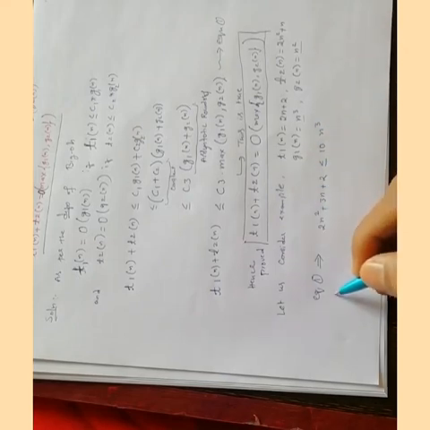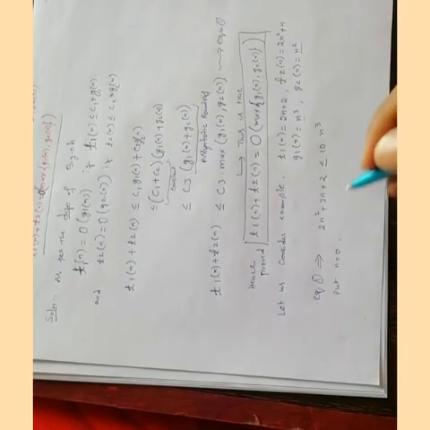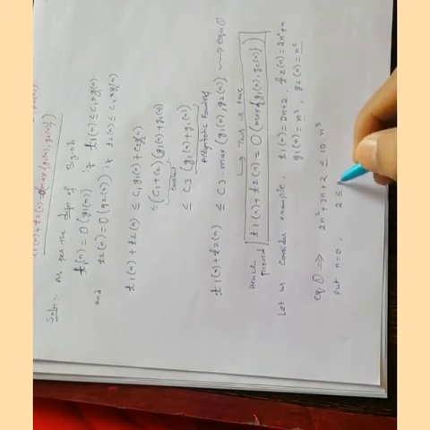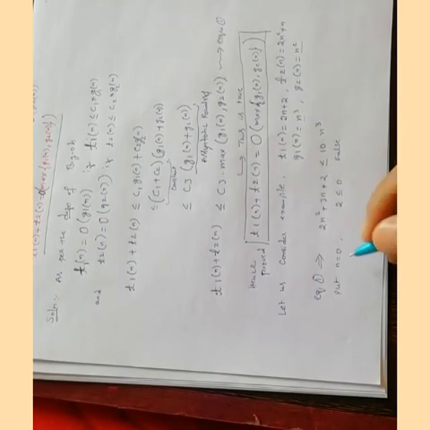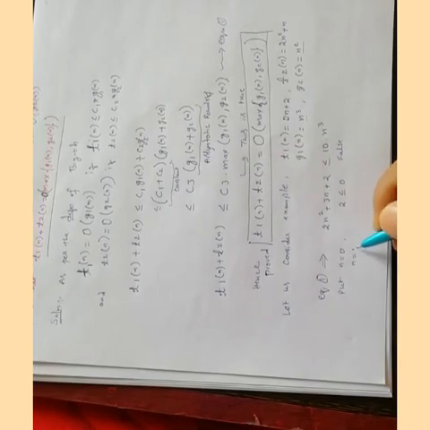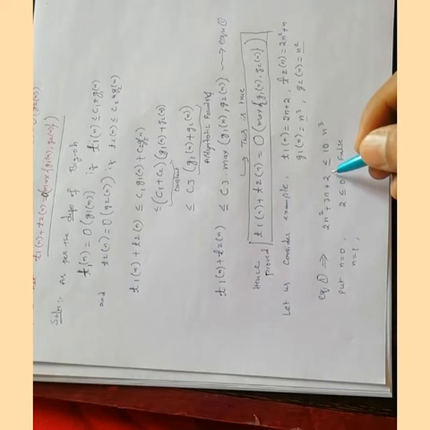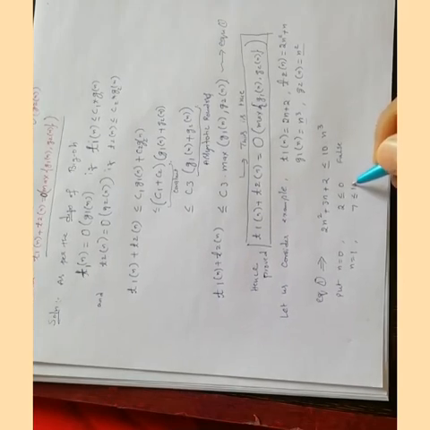Just put n equal to 0 and check whether that is true or false. 0, 0, 2. That is 2 less than or equal to 0. No, it is false for n equal to 0. Put n equal to 1: 2 plus 3 plus 2, that is 7. 7 is less than or equal to 10.